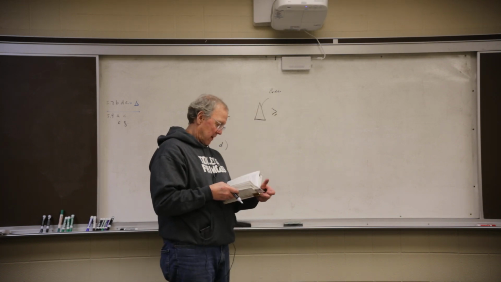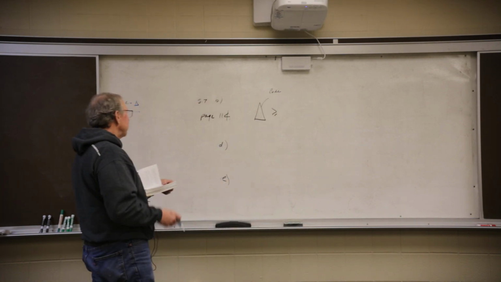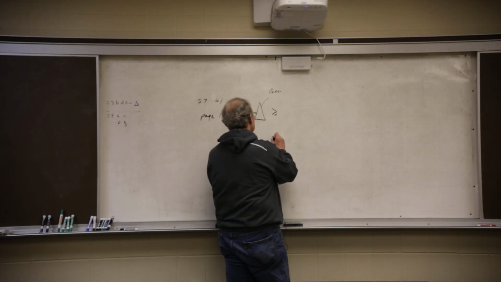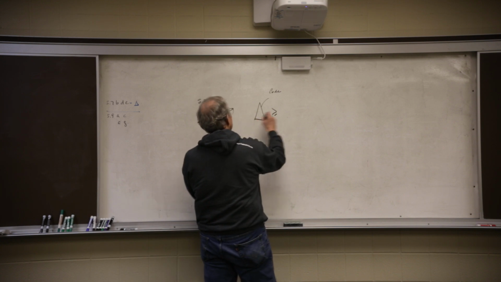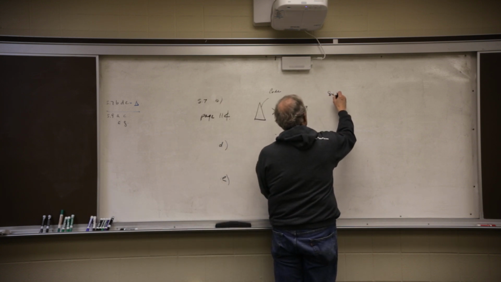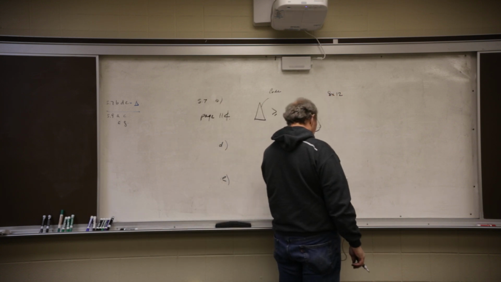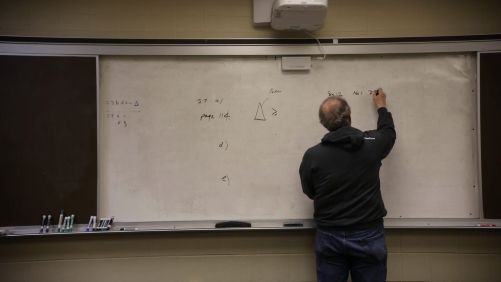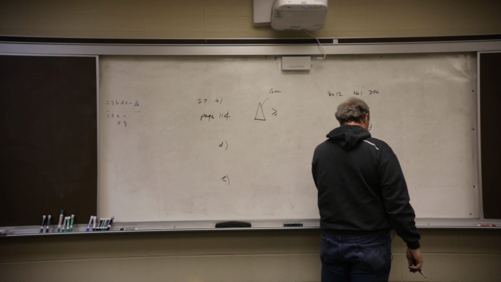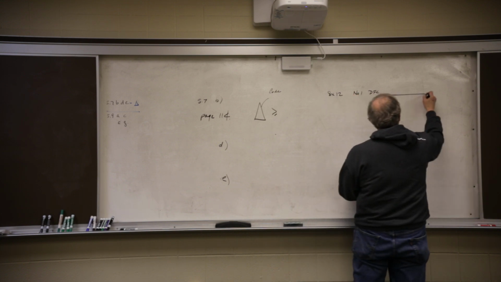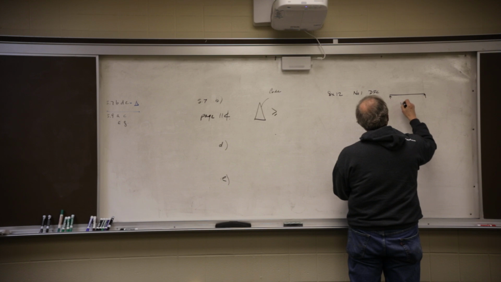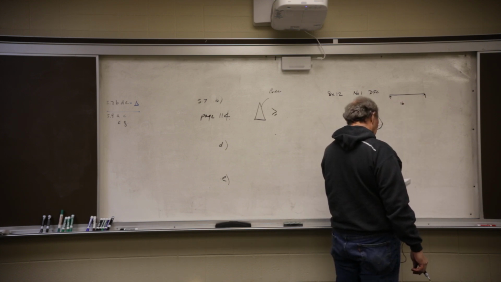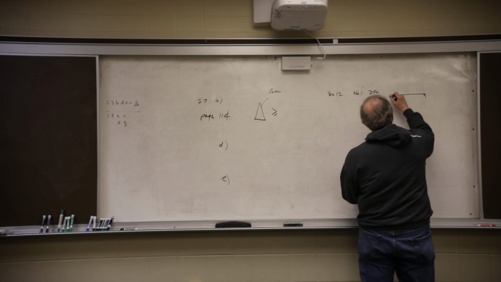You ready? Okay, we're at 5.7b. I'm on page 213. It says I've got an 8 by 12 beam, number 1 grade, Douglas fir-larch, 16 foot long, supports a total uniform load of 6,000 pounds.